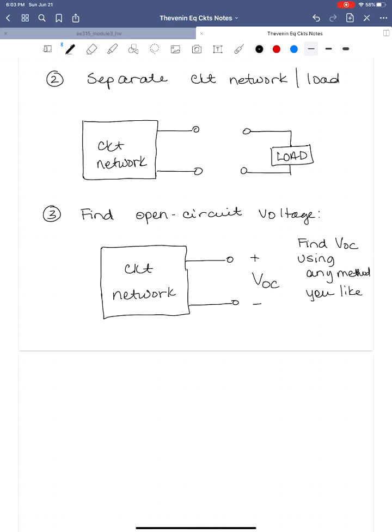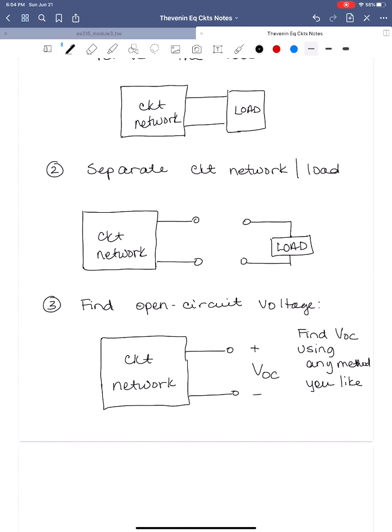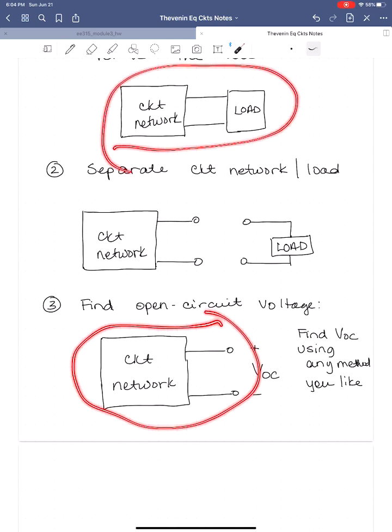Depending on how complex the circuit is, you might use voltage division or current division. You might use a very simple nodal or mesh equation. It might be more complicated. You might use superposition. That's going to be up to you. So you're going to get to choose how you do that. But note that this circuit network here is different than our original circuit.